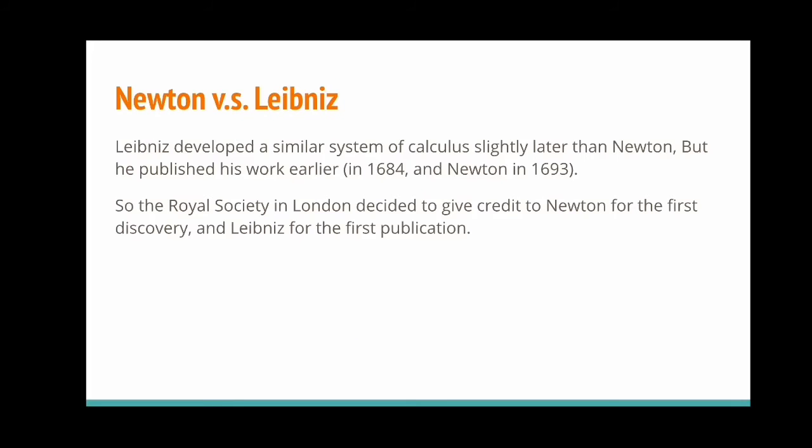Leibniz developed a similar system of calculus slightly later than Newton, but he published his work earlier. He published his first book in 1684, but Newton published his work in 1693. So the Royal Society in London decided to give credit to Newton for the first discovery of calculus, and Leibniz for the first publication.